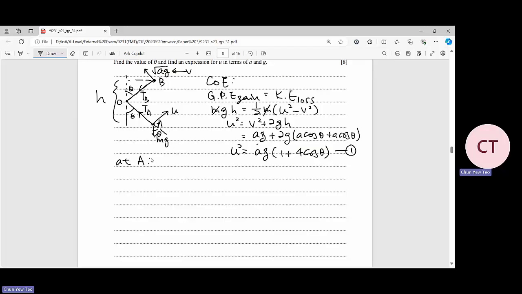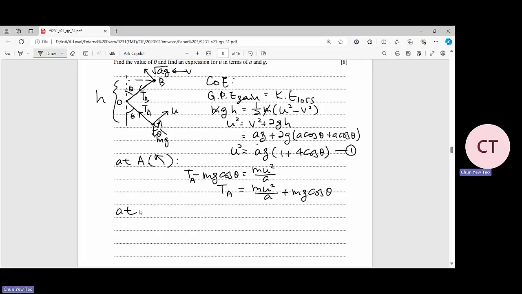If you resolve the forces to the center of the circle, you will get TA minus the mg cos theta is equal to mu square over A, centripetal force. Let me write properly. You get TA is equal to mu square over A plus the mg cos theta.